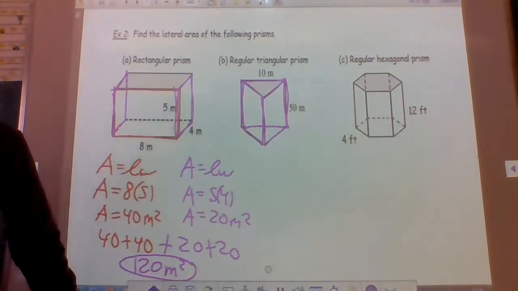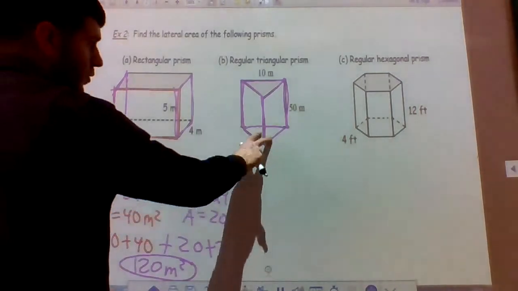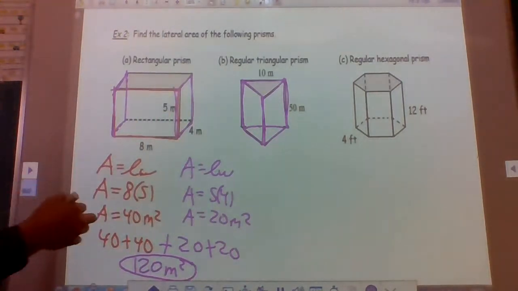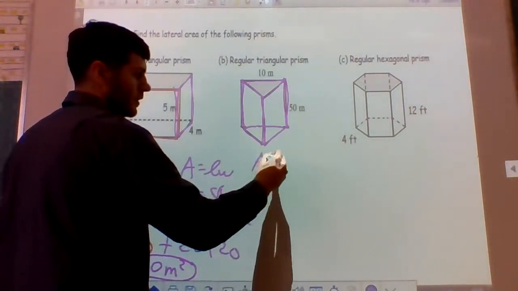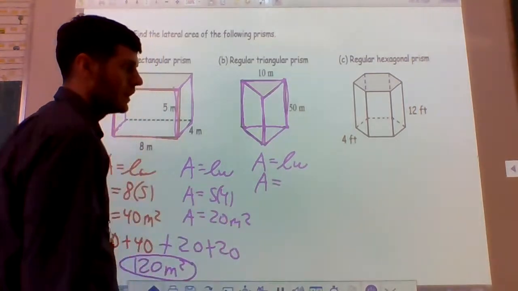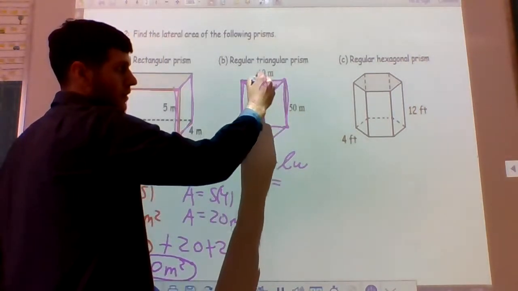We found the area of each triangle to be 41.5. So we found the 2 bases were 41.5 and 41.5. Now we need to find the lateral area. So the lateral area, again, they're all rectangles, so the length times width. That's going to be 10 times 5, which is 50. These are all 10.